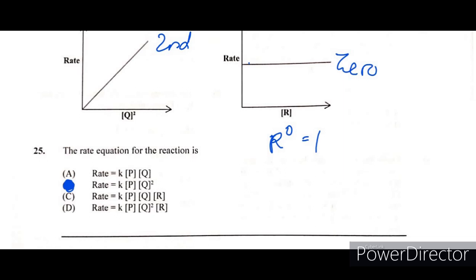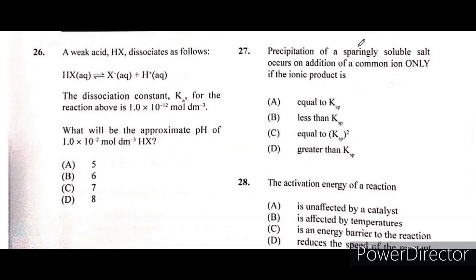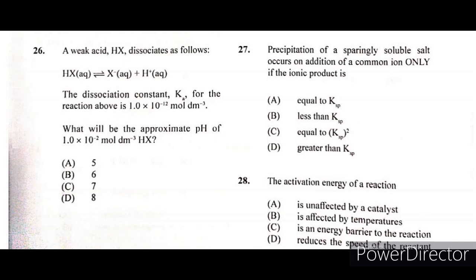Let's see, 26. The weak acid HX dissociates as follows. The dissociation constant Ka for the reaction is 1.0 times 10 to the negative 12 mole per dm cube. Now, what will be the approximate pH of 1.0 times 10 to the minus 2 mole per dm cube of HX? Multiply this number here by Ka, and that would give you the H plus ions squared.